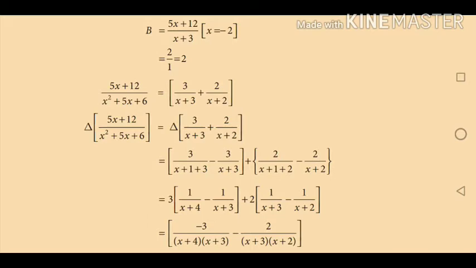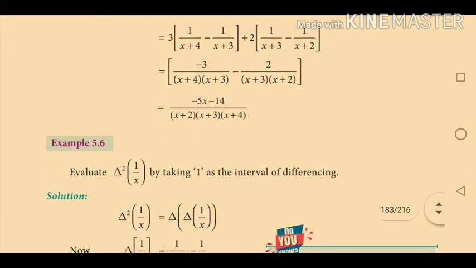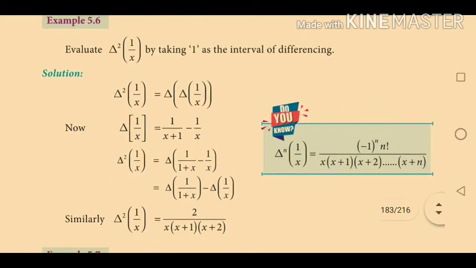Here, 3 by x plus 1 plus 3, that is, I am adding 1 on both sides of each fraction, minus 3 by x plus 3, plus 2 by x plus 1 plus 2, minus 2 by x plus 2. We get the answer minus (5x minus 14) after simplification, over (x plus 2)(x plus 3)(x plus 4).